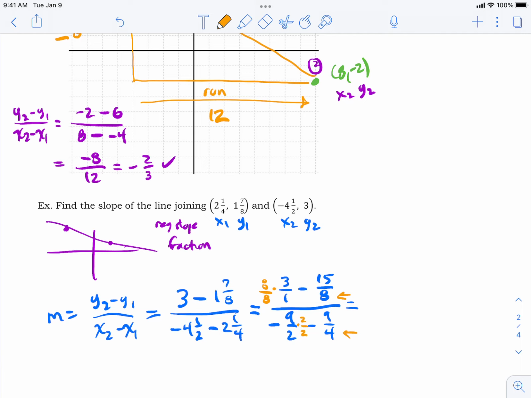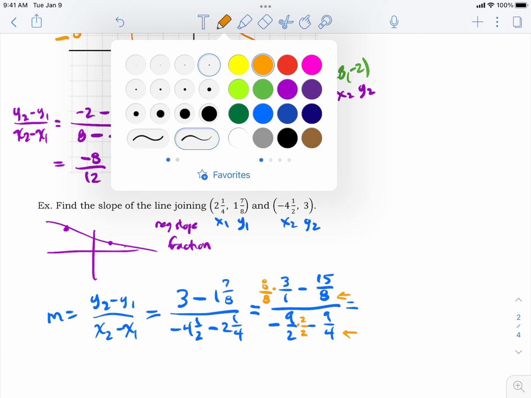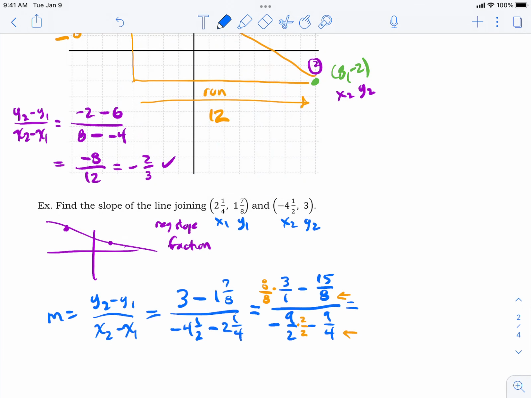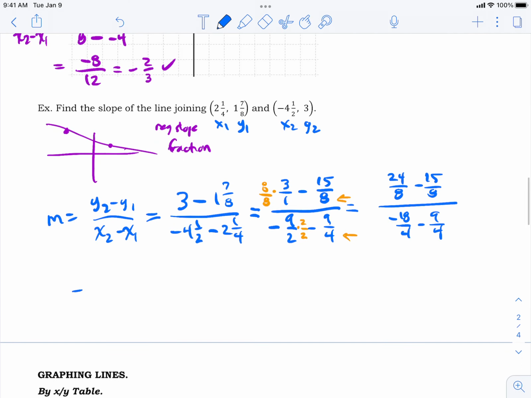So what is this giving me now? On the top, you just multiply straight across: 24/8 minus 15/8. On the bottom, I'll multiply by 2 straight across: negative 18/4 minus 9/4. Okay, let's bring it down to here.